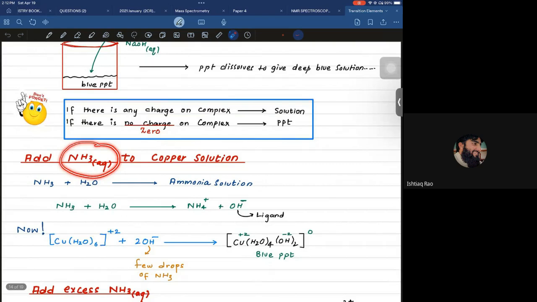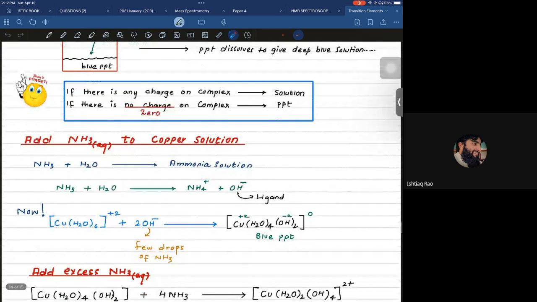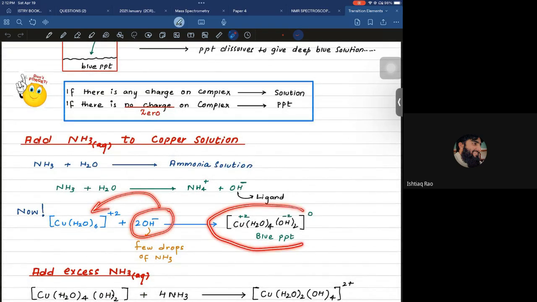I'm going to add ammonia to the copper solution. Then what would you observe? So when ammonia reacts with water, it's going to give you ammonium and OH minus. Of course, OH minus is a ligand. So same goes with this. I'm going to add OH minus, and it would be giving you this product. This is a blue PPT. Okay.